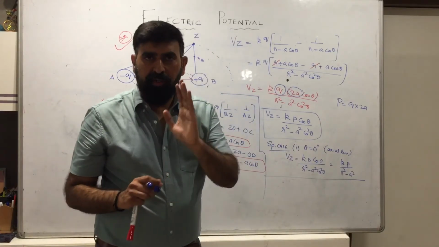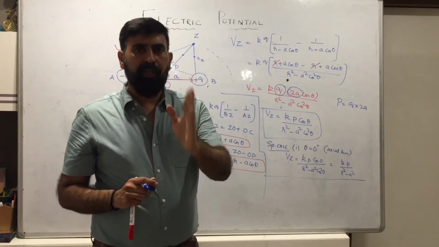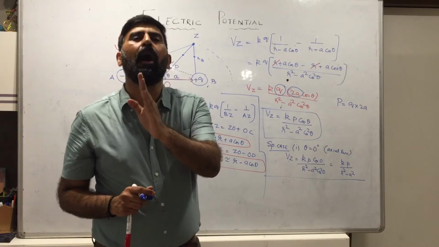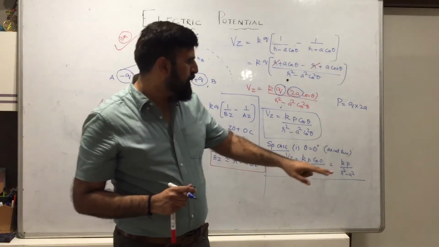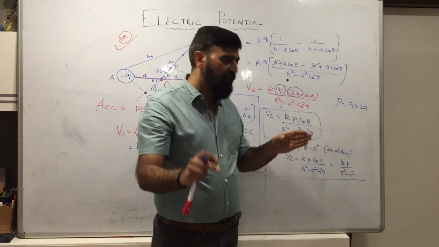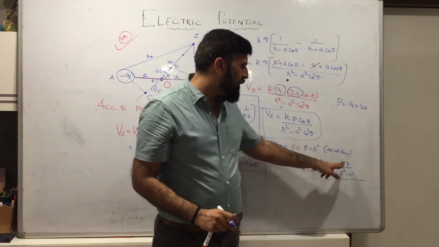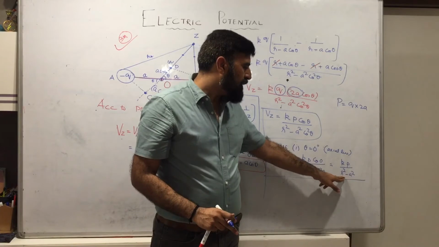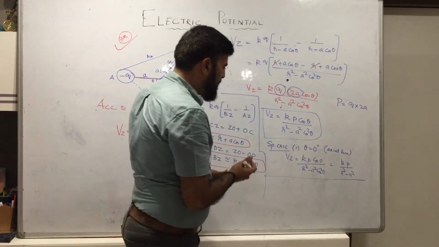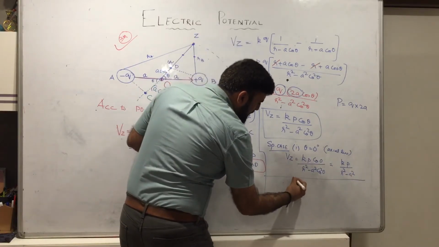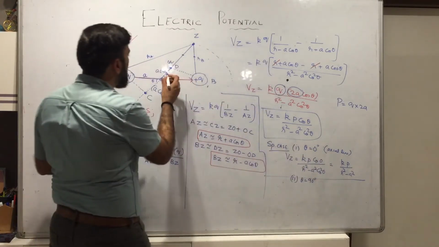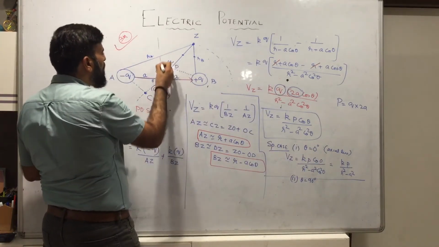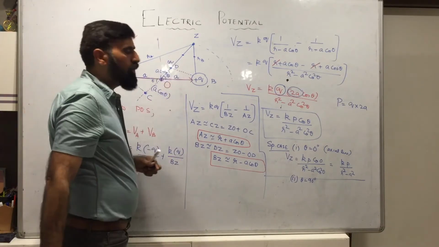If you remember what is the electric field on the axial line of a dipole, K 2P upon R cube. I'll repeat, K 2P upon R cube is the electric field on the axial line of a dipole. Potential on the axial line of the dipole is K P upon R square minus A square. Okay. Second case, I can take theta equals to 90 degree. So when I take theta equals to 90 degree, this theta is 90. So I jump to the equatorial position.